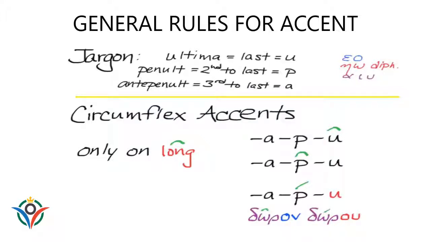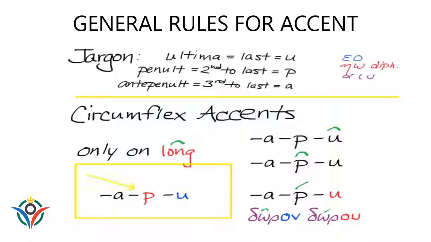Okay, now for that last rule about circumflexes. If the last syllable is short and the second to last syllable is long, and the word needs an accent on the second to last syllable, and you'll need to learn some words to know when that is, and you don't really know enough words right now to know when that is, but it will come into play, then the accent has to be a circumflex.